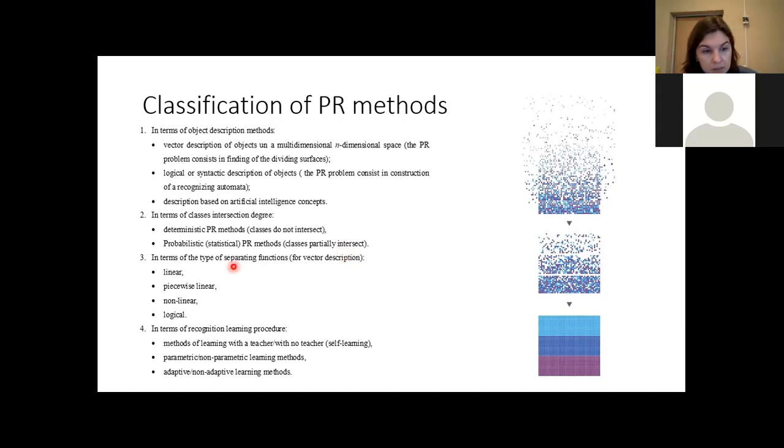And also, in terms of the type of separating functions for vector description, we will divide methods into linear, when our separation surface is linear, and non-linear, for example, quadratic separation surface, or logical. Also logistic regression. In terms of the recognition learning procedure, methods of learning with the teacher or with no teacher. Methods with the teacher suppose that we have known labels of the class.